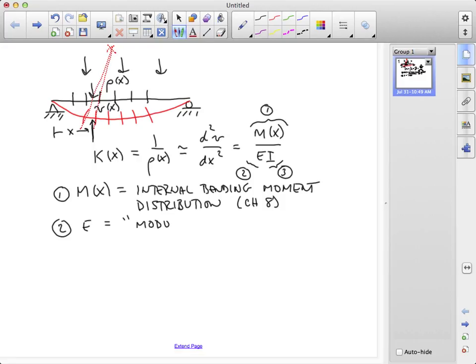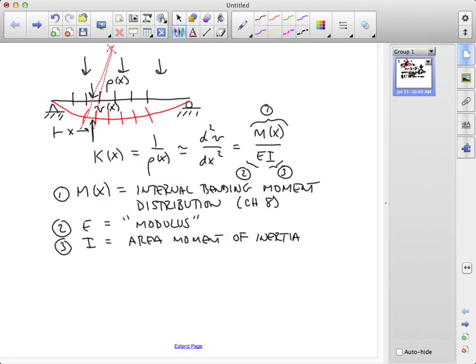It's a material property. In terms of common construction materials, it is very high for steel, moderately large for concrete, low for wood, and very low for plastic. The quantity I in the denominator is our area moment of inertia.